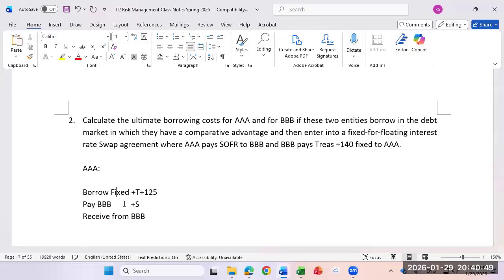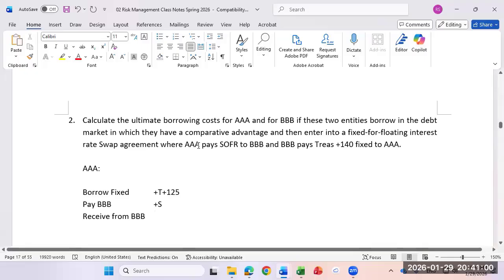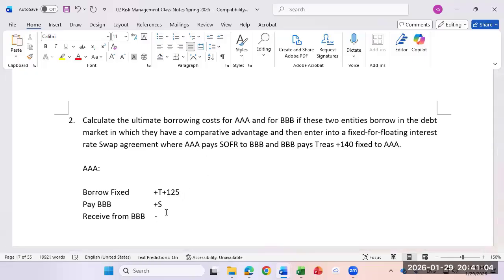What does the problem say up there? Someone tell me so I can tell you're awake. What does triple B pay them? Right, so they're going to receive treasury and they're going to receive 140. All right.